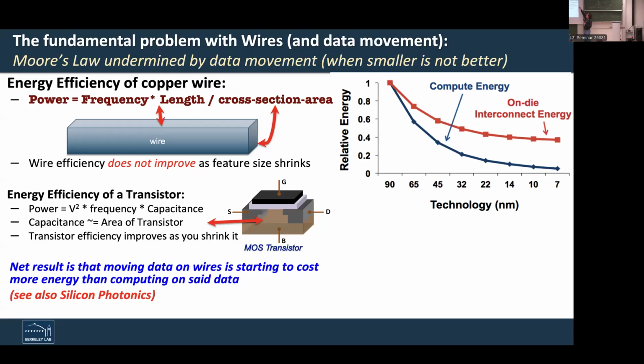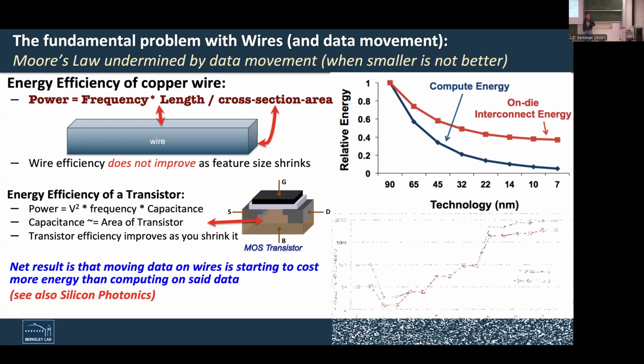The wire power is already at about 16 times more power than is consumed by all the transistors that are on the chip. And so this is why, and I'll come back to this later, I keep on saying ALUs don't matter. The transistors almost don't matter but for their need to drive the wires. And so this has changed the way that I think about chips and chip design: the ALUs are almost free, but the wires that connect them together is where all the energy is going.